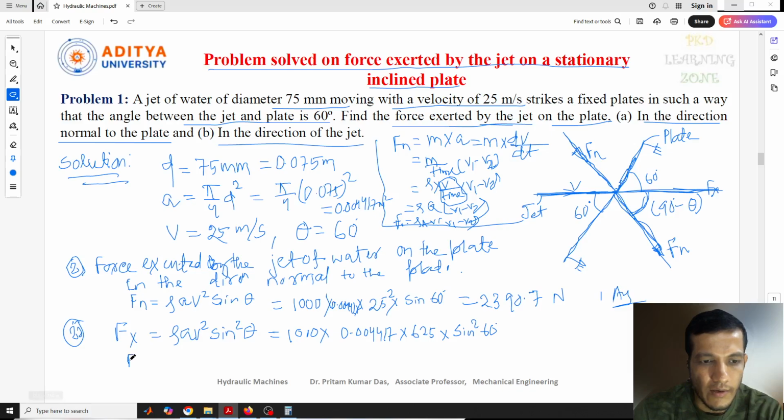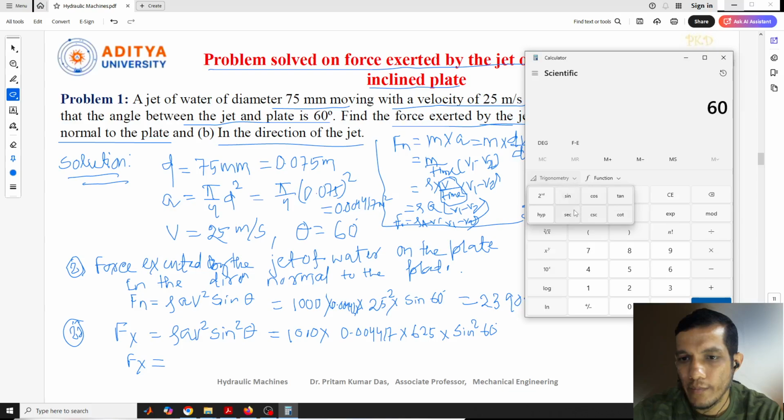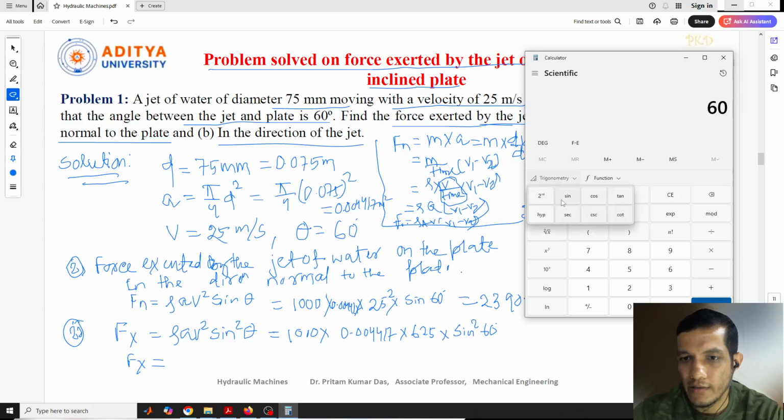So finally we'll get this value Fx equals, so let's find out this. Sine square theta, this is square. Yeah, initially this is 60, and this is sine of 60, sine square theta.